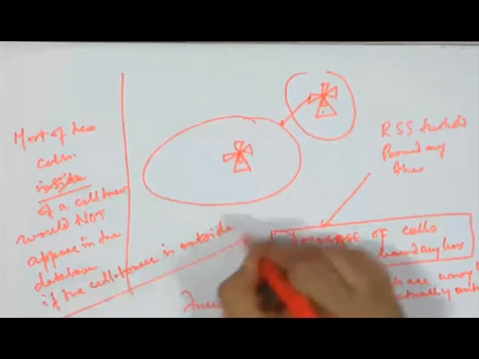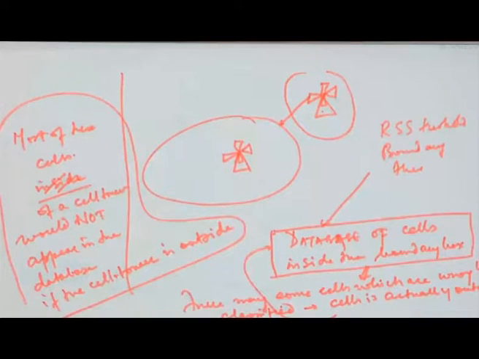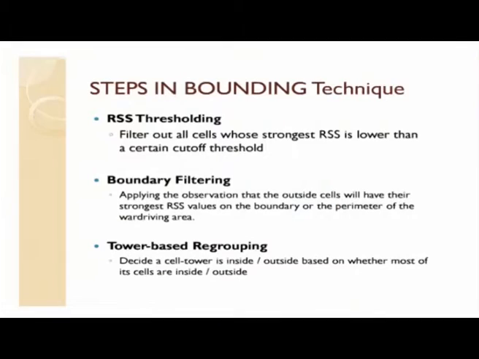So what is happening? Very simple: this would make some mistakes here and there, and that is fine. A cell tower has 6 cells, out of which maybe 4 will come inside.